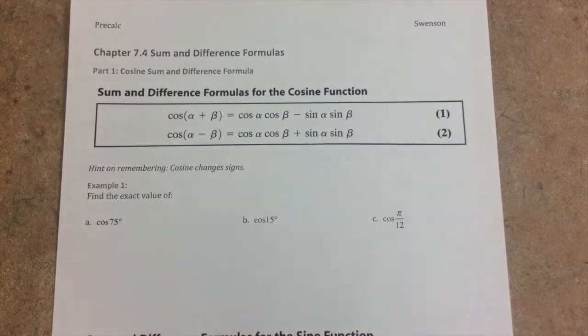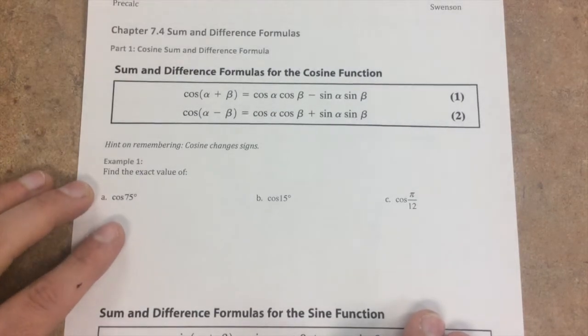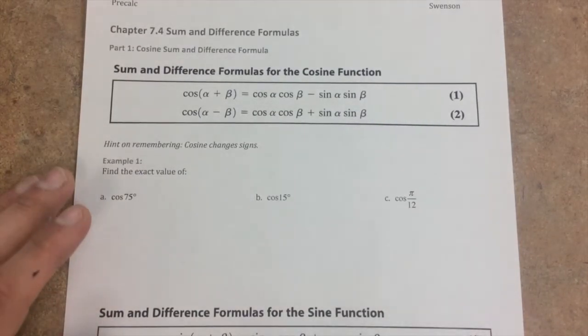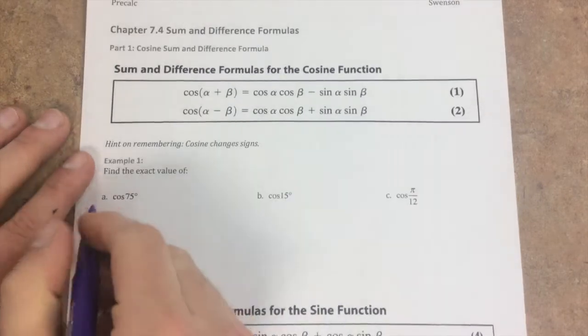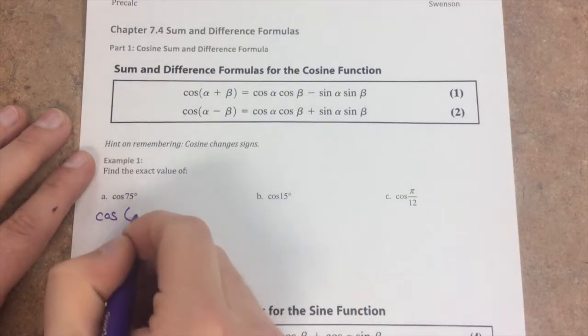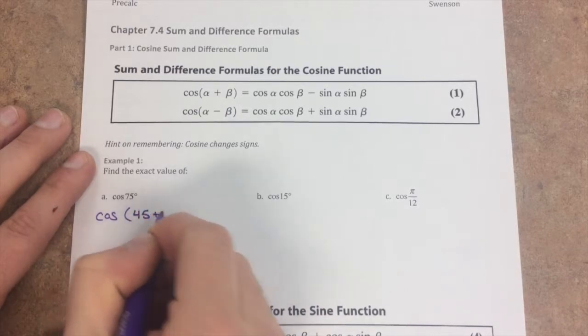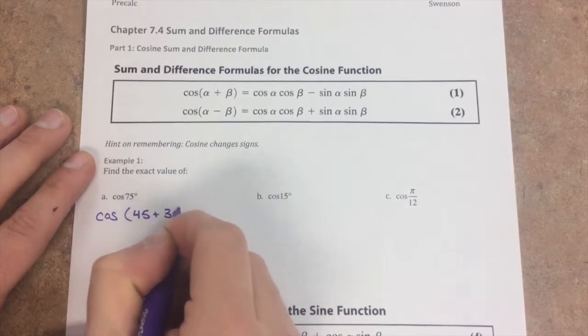So what do we mean by that? Well, if you have the cosine of 75 degrees, we don't know this. This angle is not on the unit circle, but we can make it seem like an angle on the unit circle by saying the cosine of 75 is the same thing as the cosine of 45 plus 30.